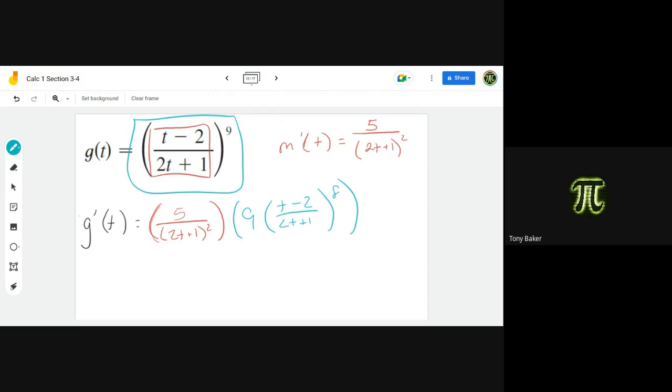So remember, now we have to do the chain rule. We found the derivative of the inside. That's 5 over 2t plus 1 squared. So that's the first piece. And then I multiplied by the derivative of the original function.